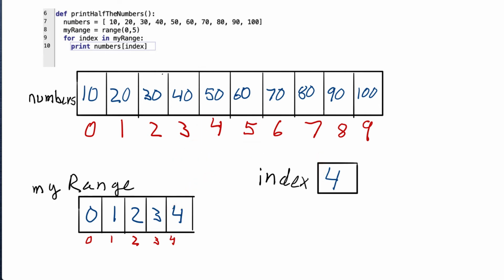So that's why we only print out 10, 20, 30, 40, and 50, and we didn't do anything with the rest of the numbers. Now the reason why that happened is my range only goes from 0 through 4, and we use these numbers to tell us which boxes in this list to print out. And that's how I'm able to only do something on half of my numbers.